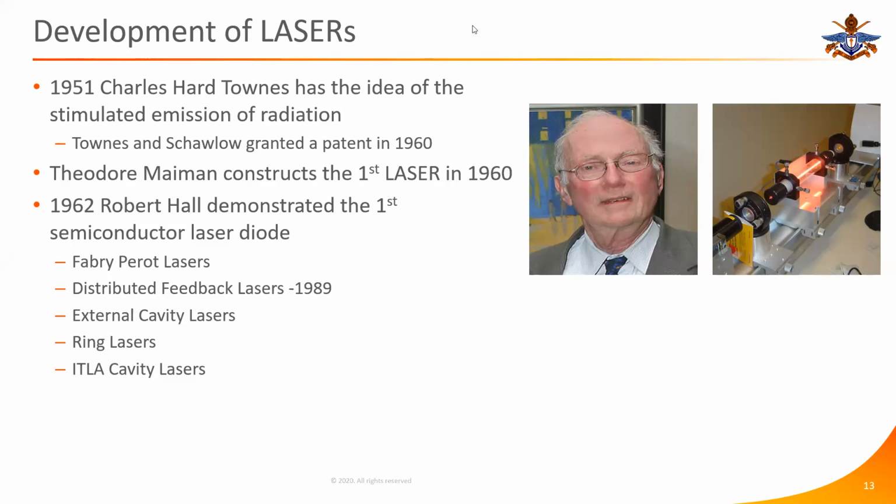From that point, more advances have happened, and today we are using ITLA or external cavity lasers, which have very narrow line widths and can travel very long distances for our communication. So we needed a very strong optical light source for our transmission.